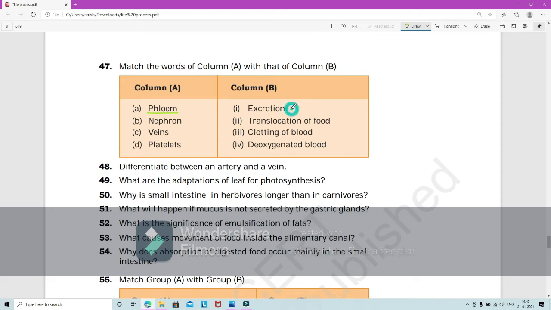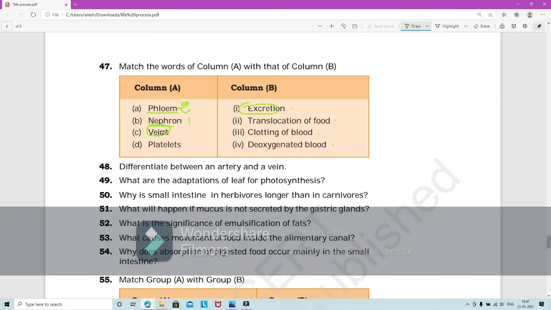So is it related to excretion, translocation of food, clotting of blood, or deoxygenated blood? It is translocation of food, so it's the second one. Nephrons are part of excretion, so it's one.